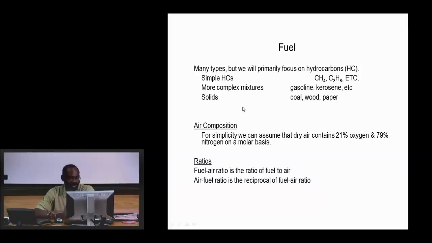As we noted, though, hydrogen is great, and actually hydrogen is an important fuel in power plant applications. But again, as we talk about fuels, there are a variety of fuels in actual fire applications, everything from simple hydrocarbons like methane, propane, etc., to more complex mixtures, gasoline, kerosene, to solids, coal, wood, paper.